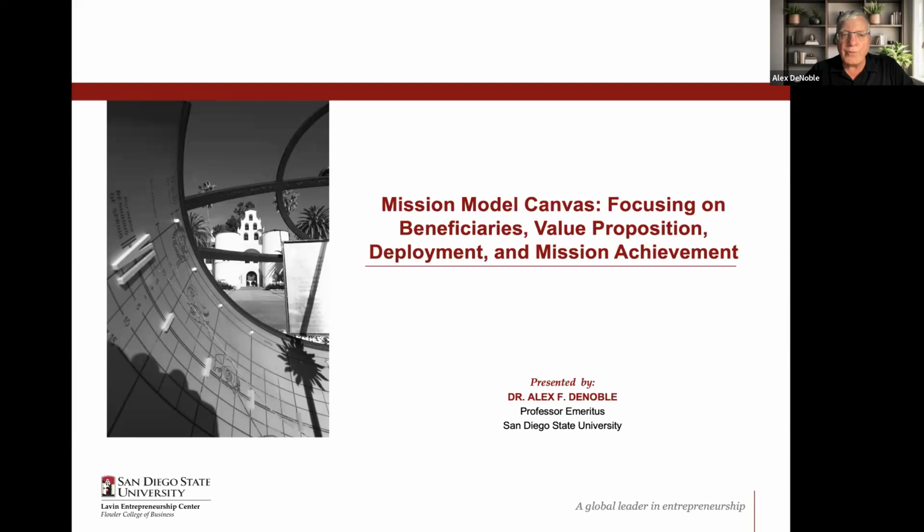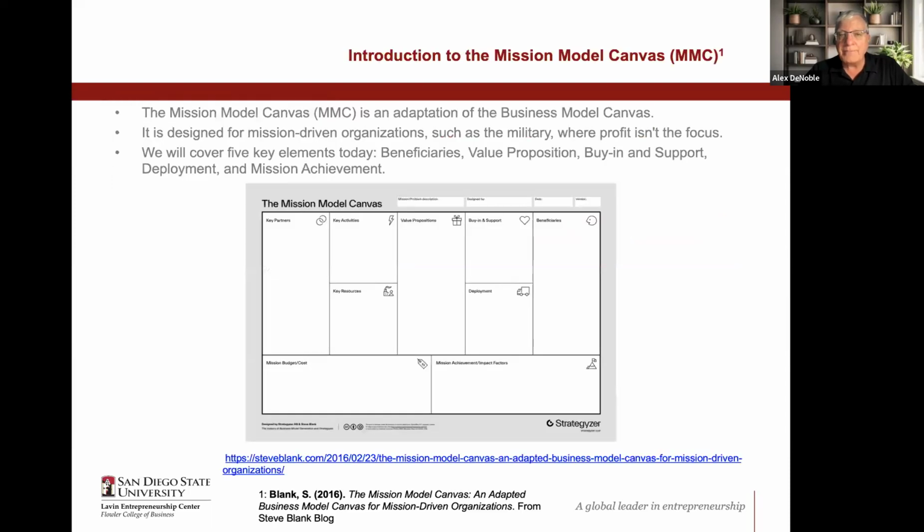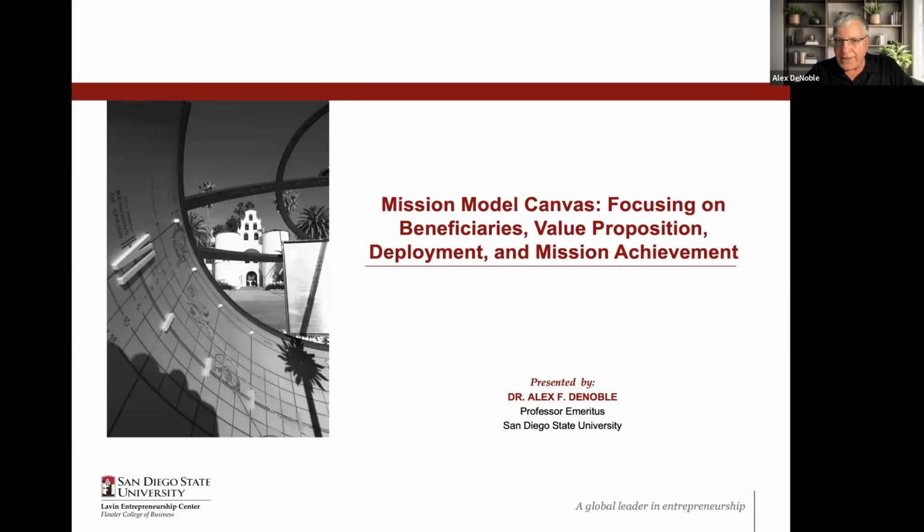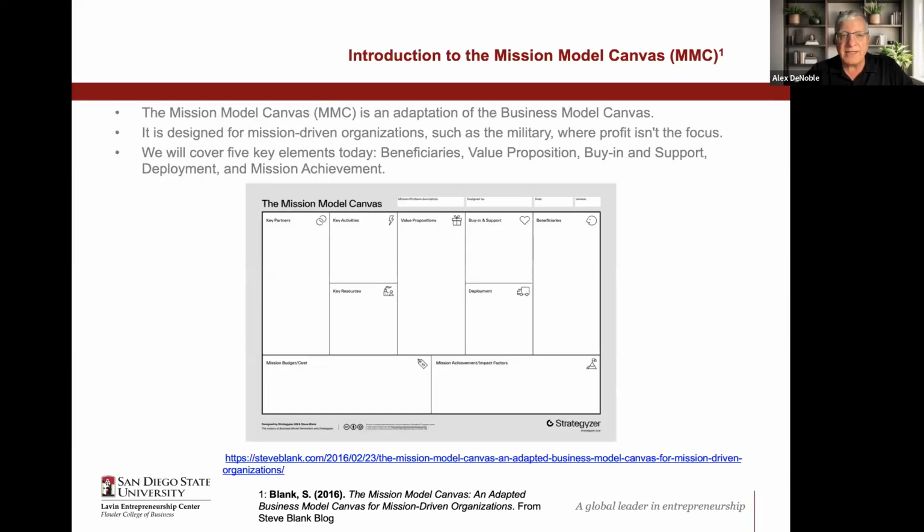Okay, so this presentation focuses on certain aspects of the mission model canvas. For those of you familiar with the business model, the framework looks exactly the same, only some of the elements are going to be different.